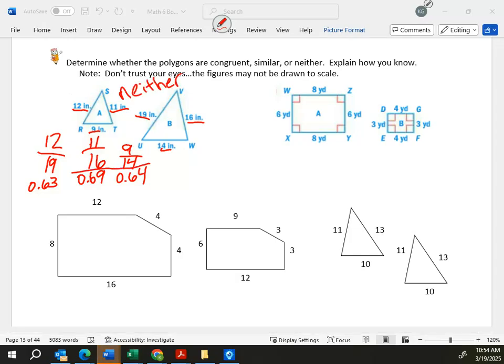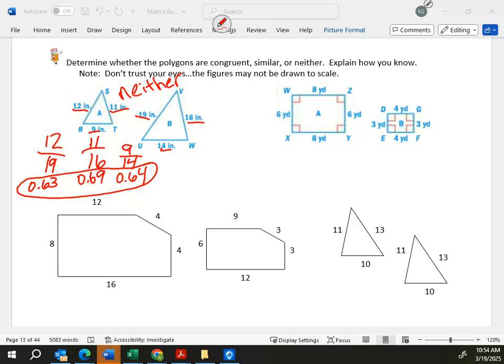So we always have to look at what answers we get when we divide that numerator by the denominator to see if it's proportionate. Different answers mean it's neither, not similar and obviously not congruent because they're not identical numbers.